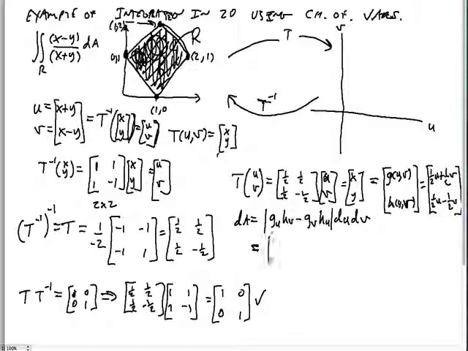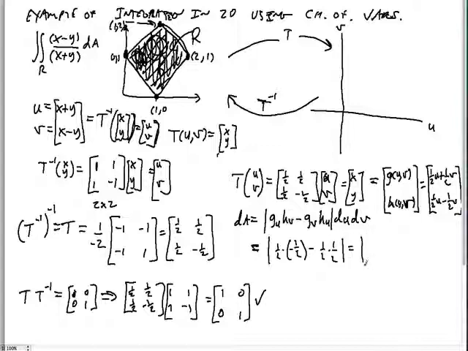That's pretty straightforward. g_u is 1/2 times h_v, which is negative 1/2, minus g_v, which is 1/2, times h_u, which is 1/2.